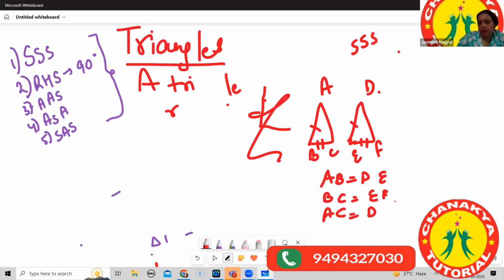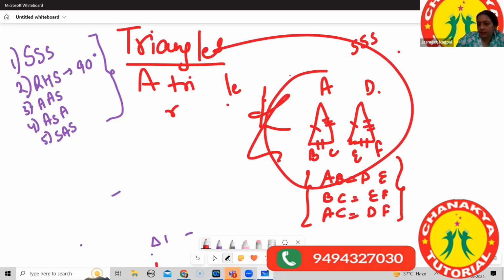So these 3 are the possibility to prove the congruency, so that these 2 triangles are congruent. Which criteria will you use? You will use SSS congruency. By SSS congruency, after that you will write, therefore, these 2 triangles are congruent.